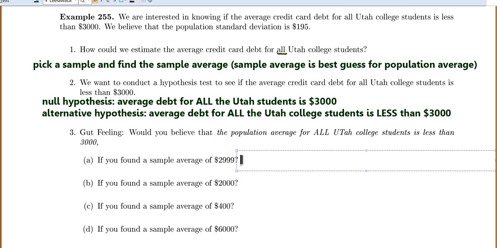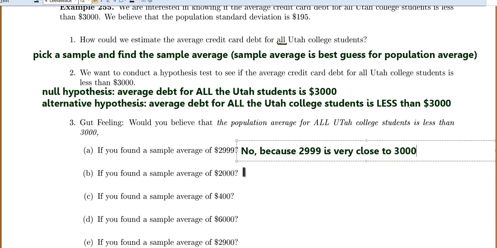So 2,999 is very close to 3,000, and so I believe that my population average is 3,000. So no, I don't think that it's less than 3,000. No reason to think that the population average is less than 3,000.